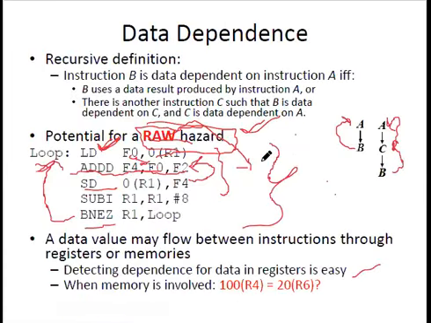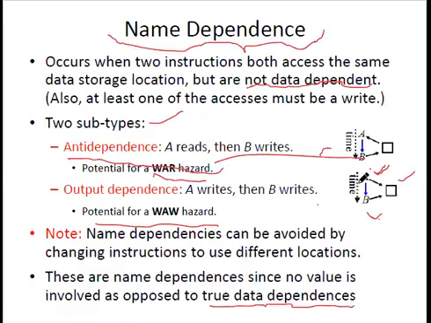So what if B writes before A? The instructions are being carried out in parallel. Both A and B are being carried out in parallel. A takes more cycles to execute than B. So B, completing its instruction first, will try to write to this memory location.